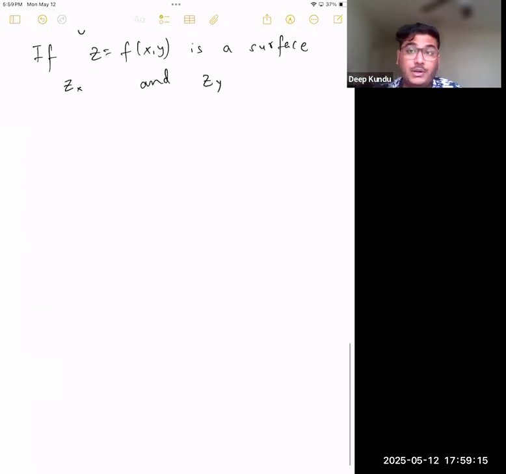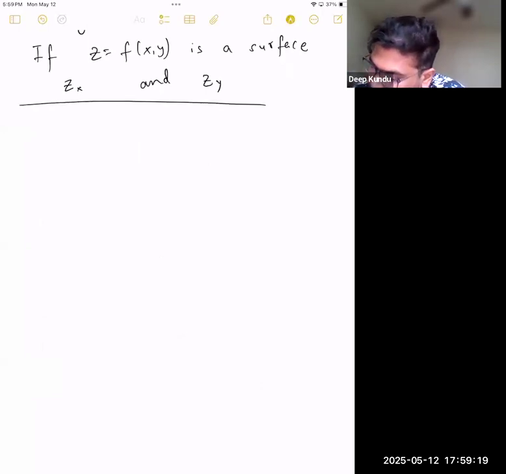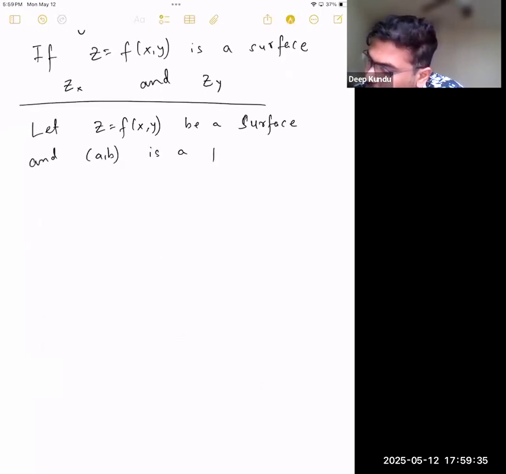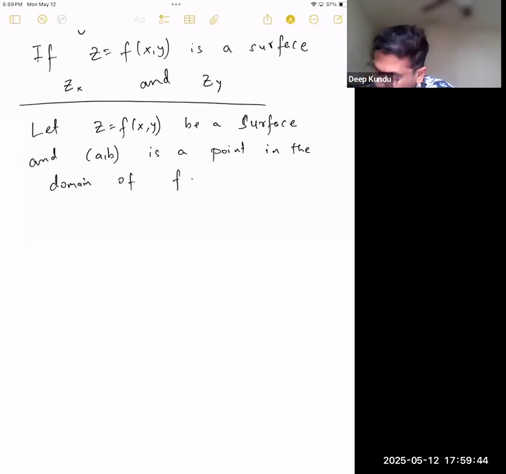So let's start with the partial derivative with respect to x. Let z equals f of xy be a surface and (a, b) is a point in the domain of f. Let's draw the surface.